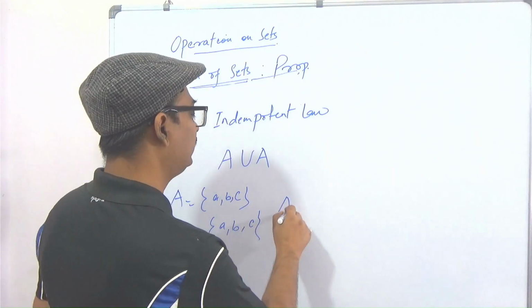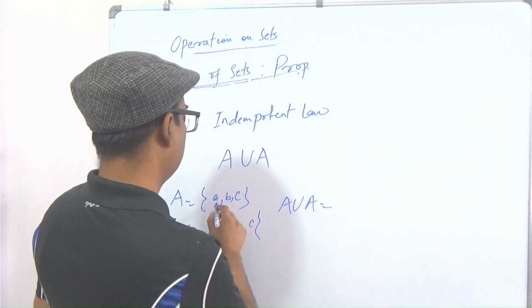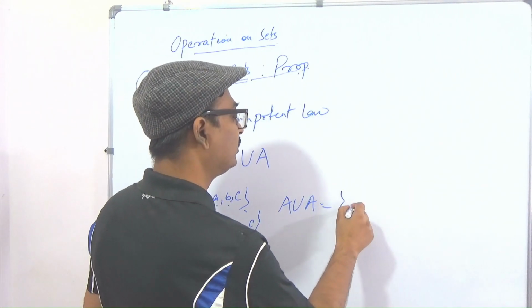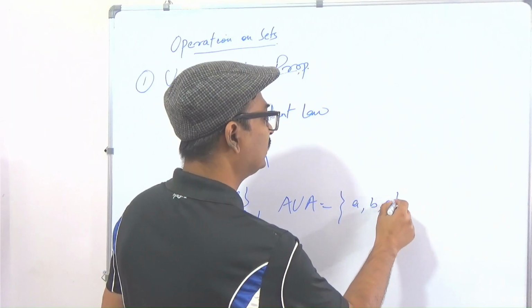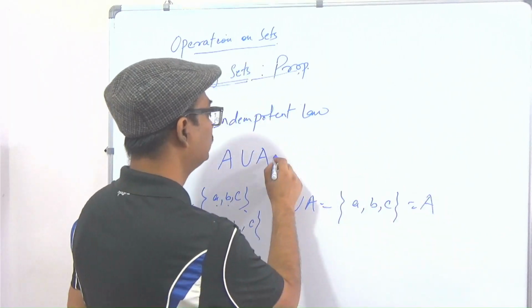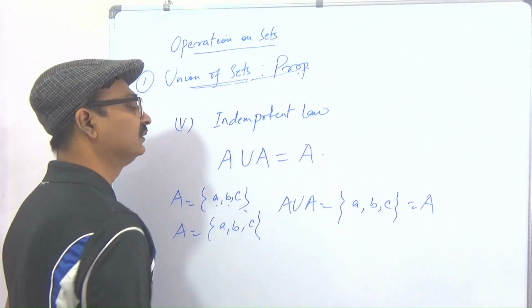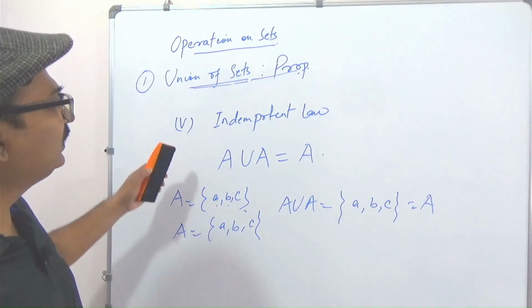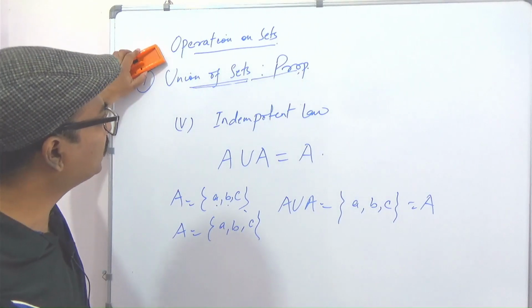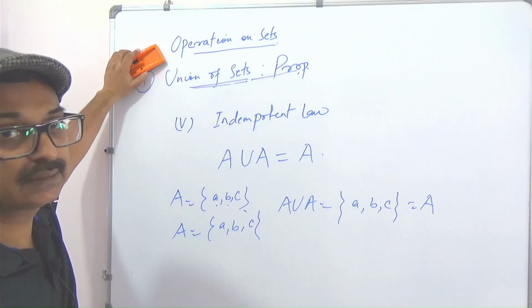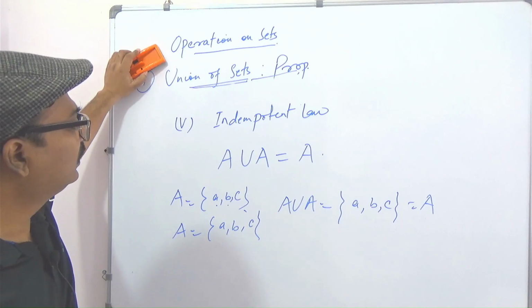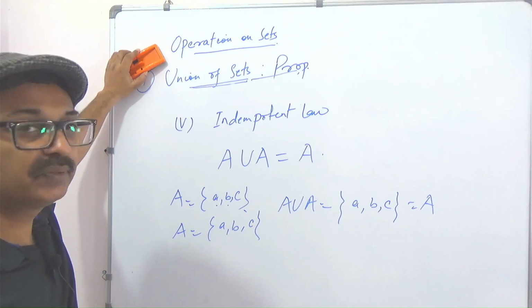What will A union A have? ABC, this is repetition, so this will be ABC. And what is it? It is A. So A union A is A. So these are some of the properties of union of sets. I think these are clear before you.